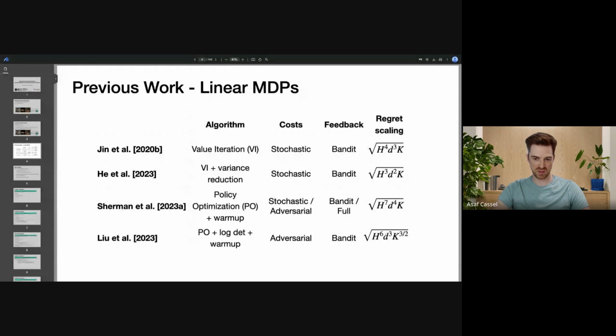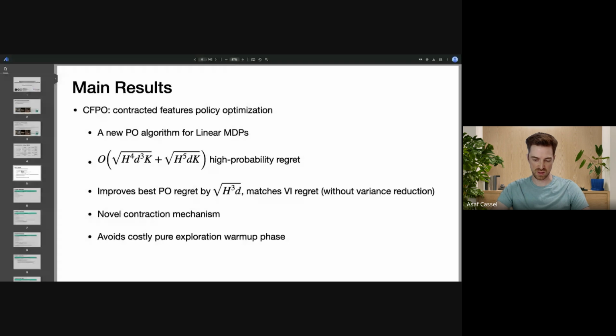Okay, so the case that we'll be looking at is a similar case to what Sherman et al. were looking at. So we'll be looking at either stochastic bandit feedback or adversarial full feedback. And what we'll show is a new policy optimization algorithm for linear MDPs.